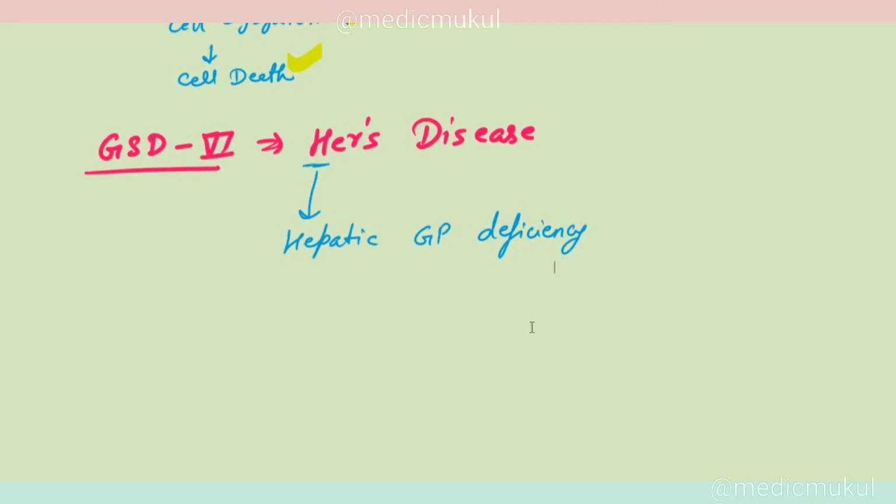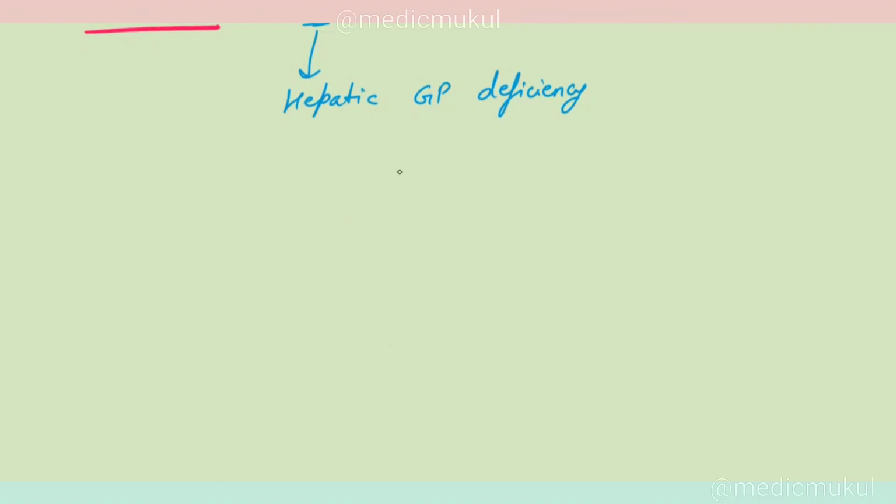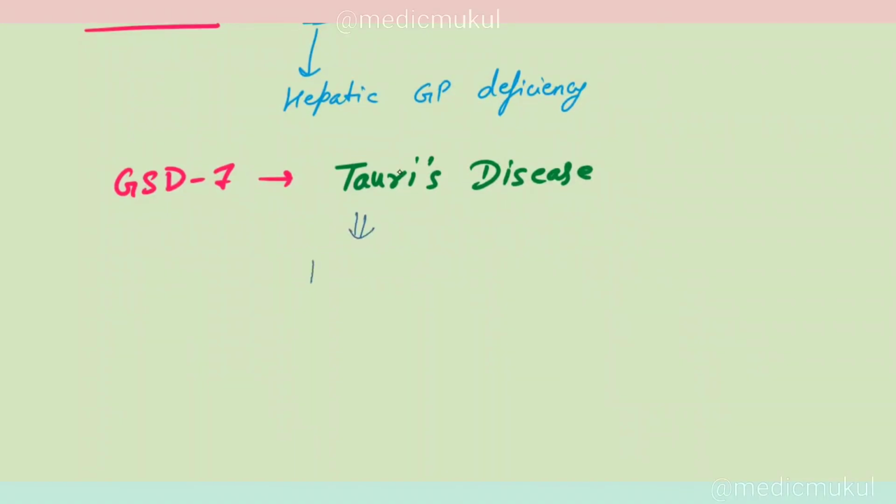Okay, so the next is GSD7. What happened in GSD7? GSD7 is known as Tarui disease. In this Tarui disease, there will be phosphofructokinase enzyme deficiency.